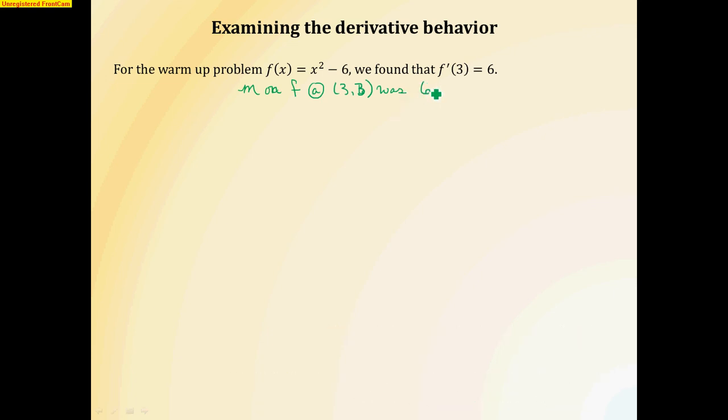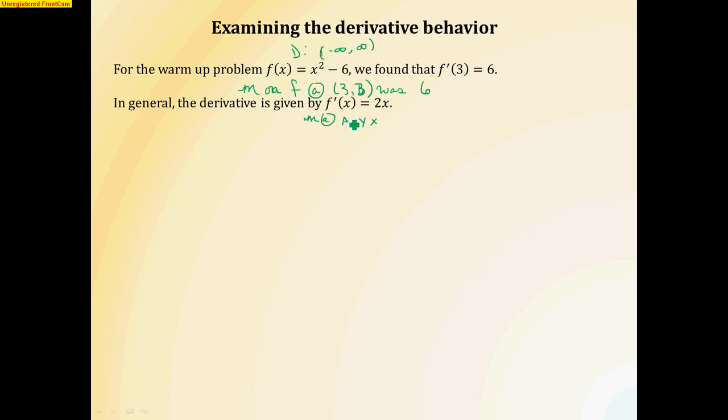Now, I did not use the definition of derivative to find the derivative rule. But let's suppose I did, right? If I had made you do the definition of derivative, you would have simplified and found that f prime, the derivative, the slope at any x in the domain of x squared minus 6, which by the by has a domain of all real numbers, right?